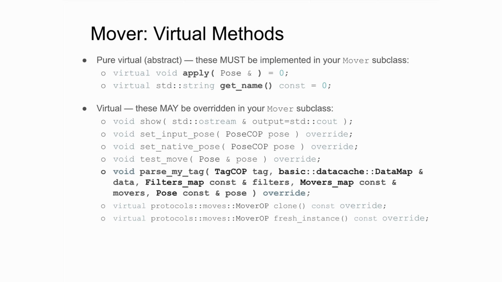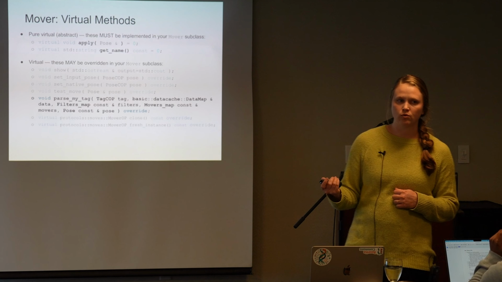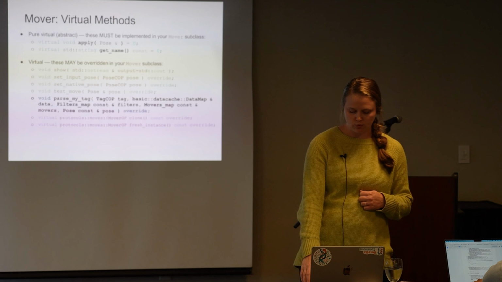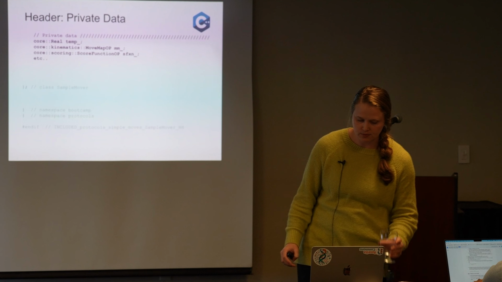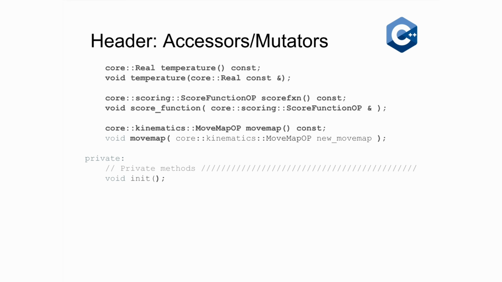So you'll need to define your apply function and also your get name function. There are other functions in the mover class that are not pure virtual, but virtual, that you can override. One of those is parse my tag, which we will talk about more, and that's important for making this compatible with XML or RosettaScripts. And then also in your header file, you'll have your private data, and then you might have other functions that you need to define to access your data that you'll use in your mover.